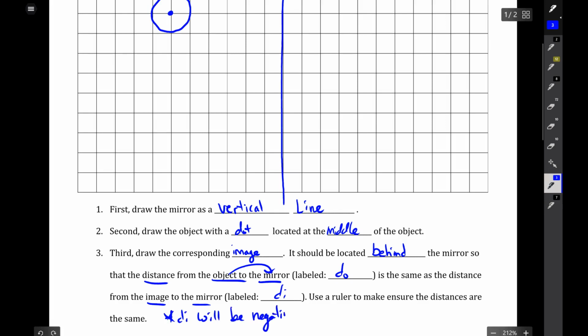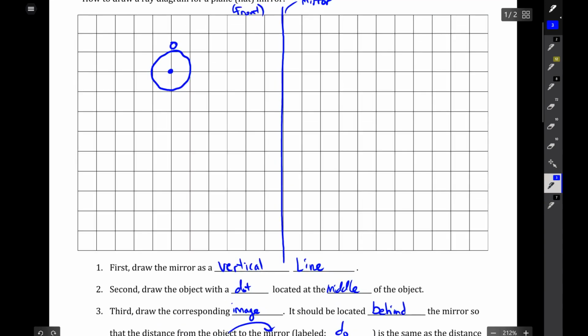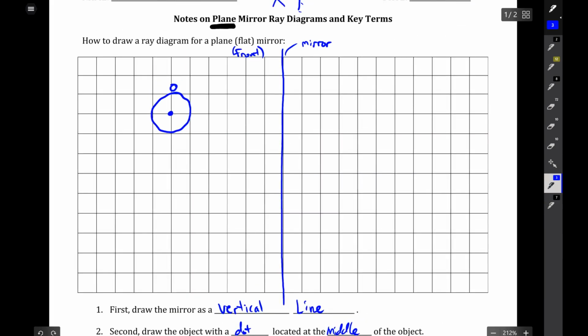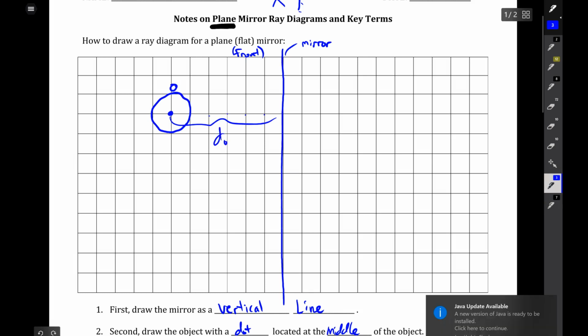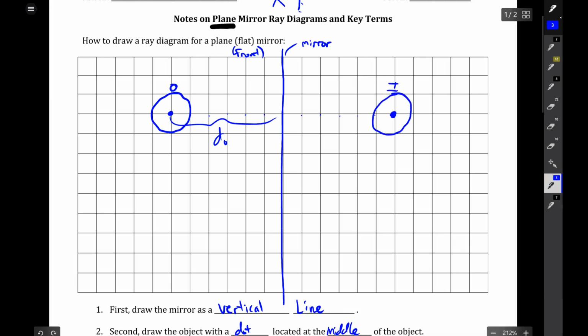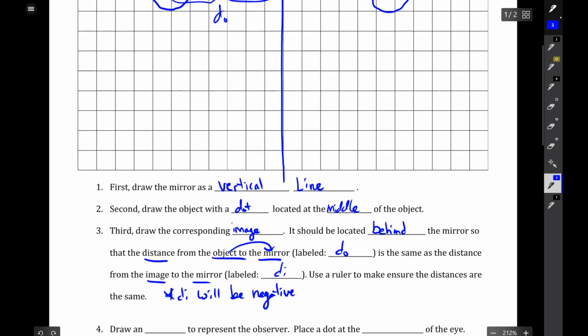All right. We consider the mirror to sort of be the boundary between the positive and negative sides, and we always make the real side or the front side positive. So if we count, I have 1, 2, 3, 4, 5, 6 lines here, so this is DO, and DI must then be 1, 2, 3, 4, 5, 6 lines on the opposite side, and the same size, and I'm going to label it I for image.